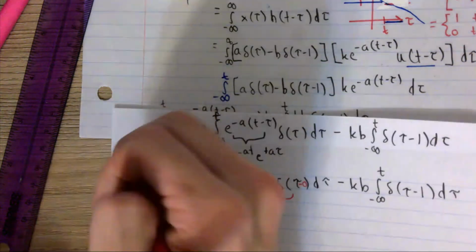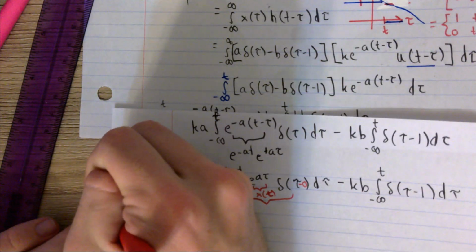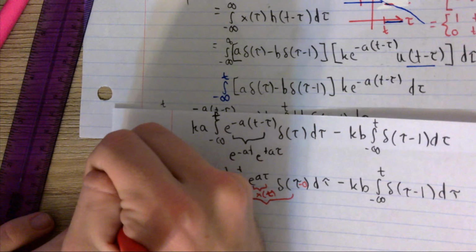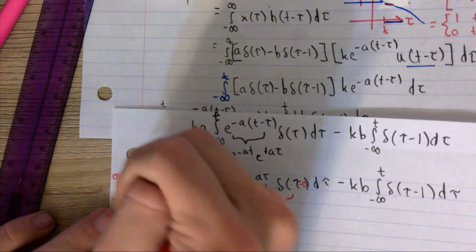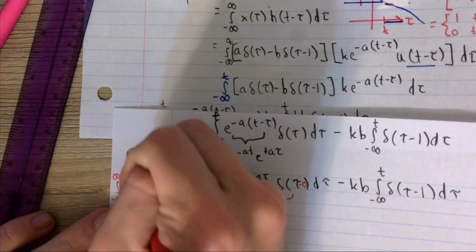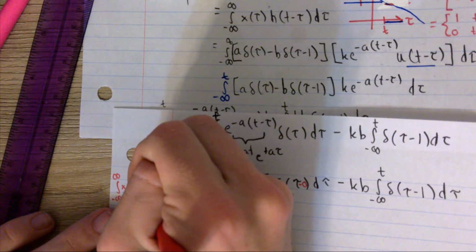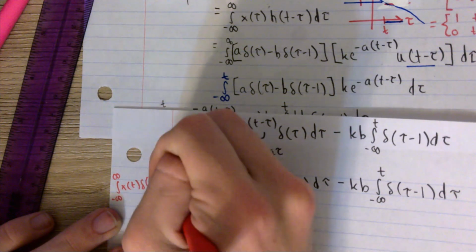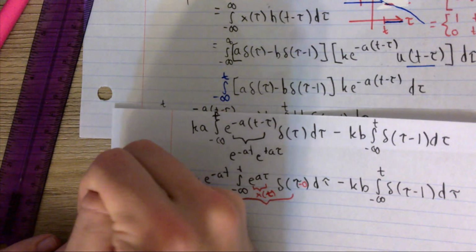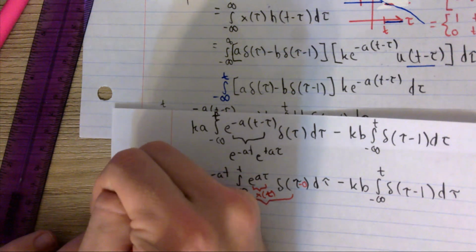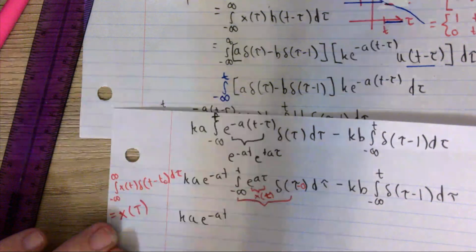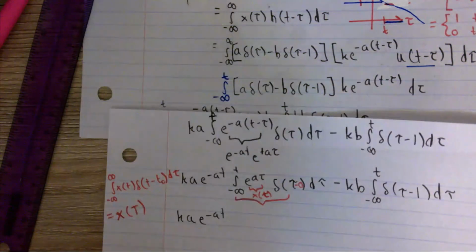Recall the sifting property. It was basically if you had the bounds from negative infinity to infinity, and it was x of tau times delta of tau minus t0, d tau, it's equal to x specifically at that point. And so that's what he did here.